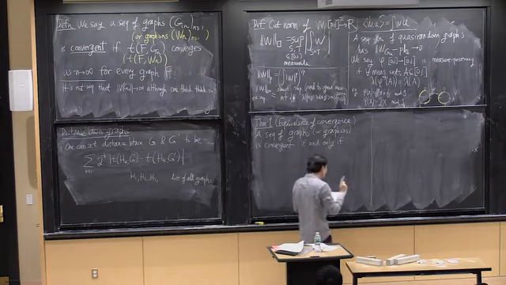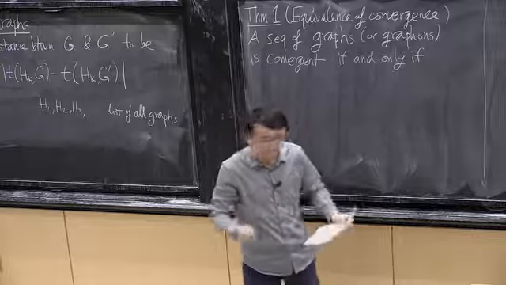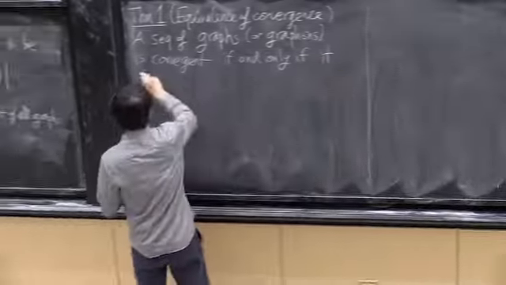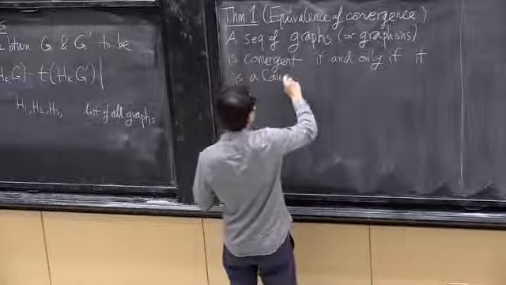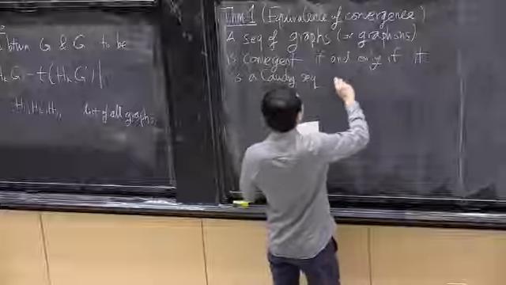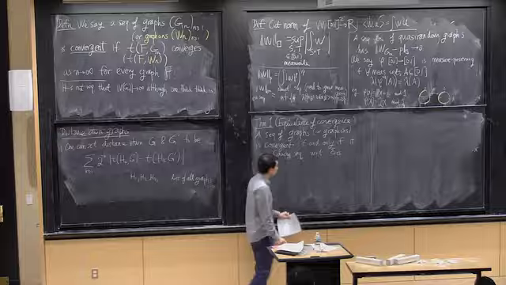Right? So remember what convergence means in the metric space is that of a Cauchy sequence. So if and only if it is a Cauchy sequence with respect to this cut distance.